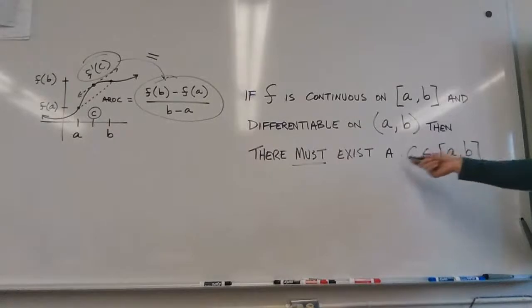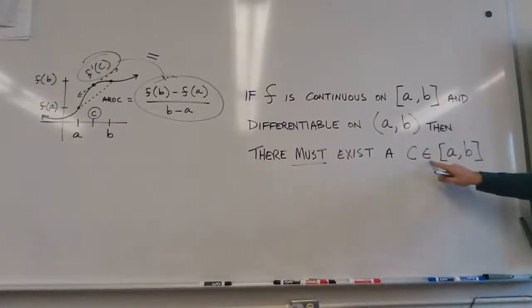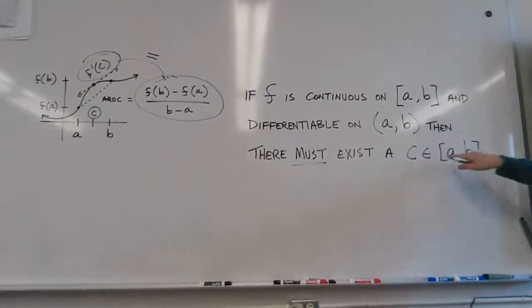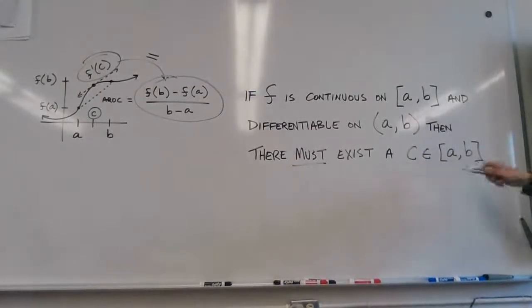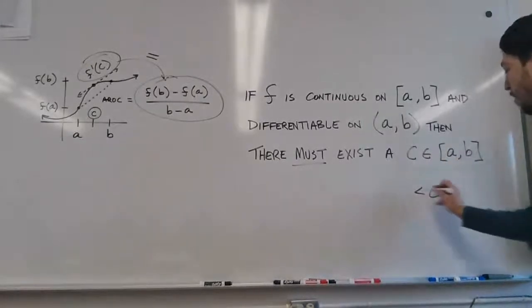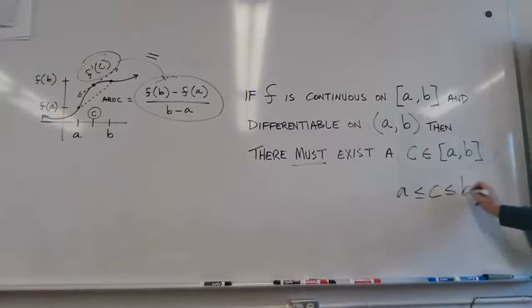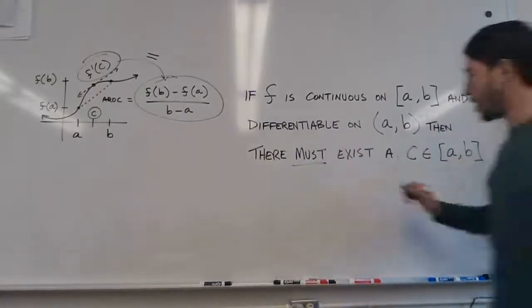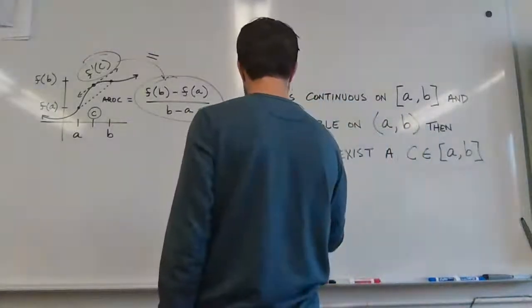So this says there must exist. You guys know this symbol, I think, because we talked about it, it means some c. I guess you could say a c that's between a and b, if that makes more sense to you. You could replace this with there must be some c in between a and b, such that... we're almost done.